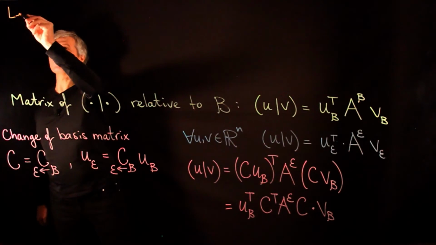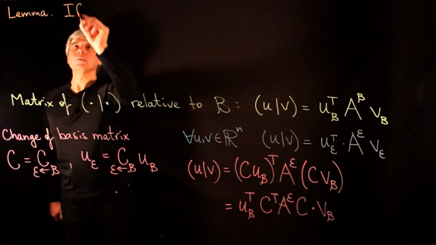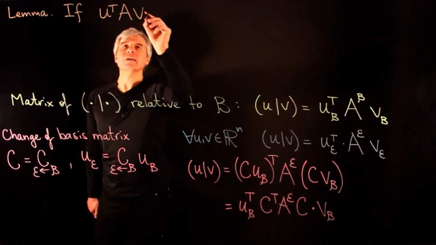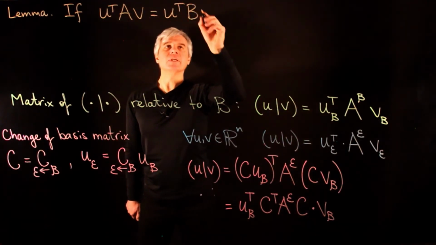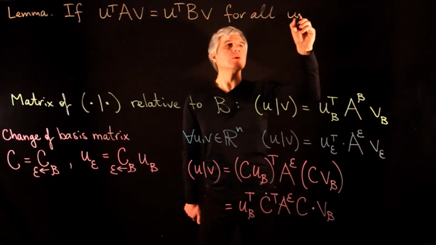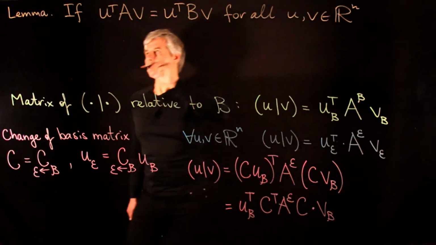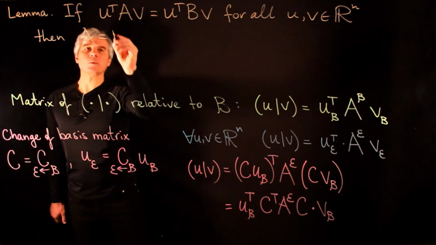Recall the following lemma. If we have that u transpose A v is equal to u transpose B v for all u and v in Rn, then matrices A and B are equal.